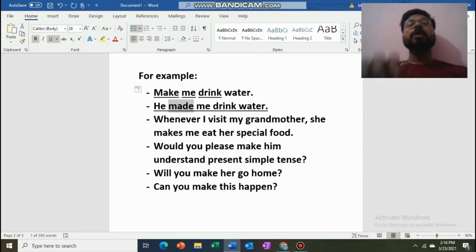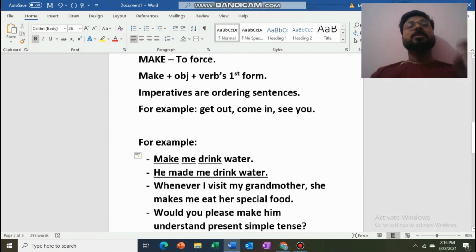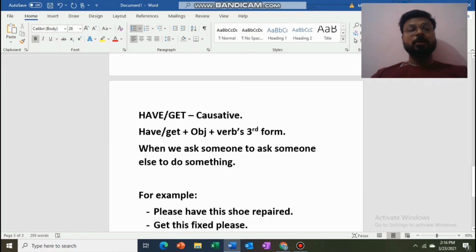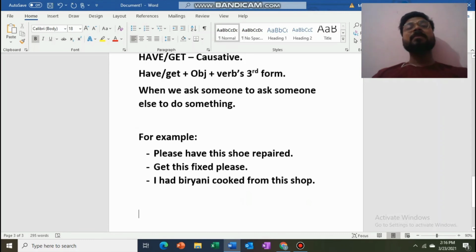It is now in the second form because of the tense, which is past, right? So this is how we use these causatives. The changes will happen only in the causative, which is make, get, have or let, not in any other place, right?